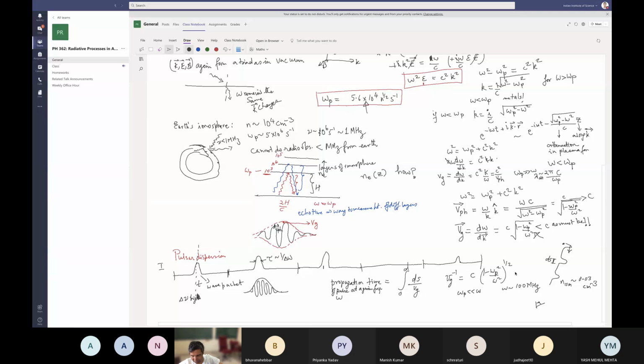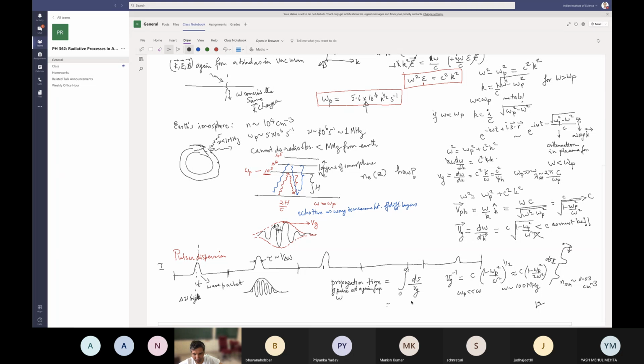So this can be approximated using binomial expansion: 1 minus omega p squared by twice omega squared. This is the Vg inverse which appears at the bottom.